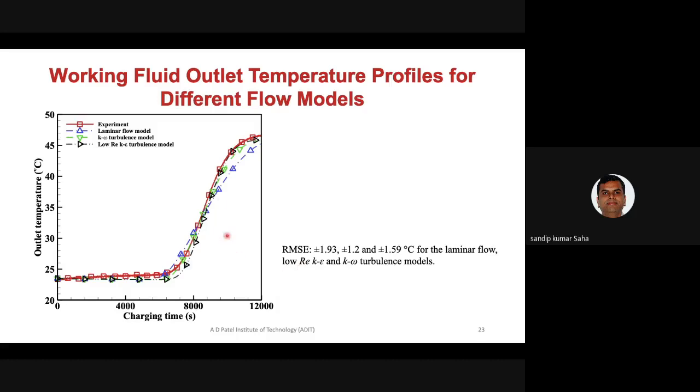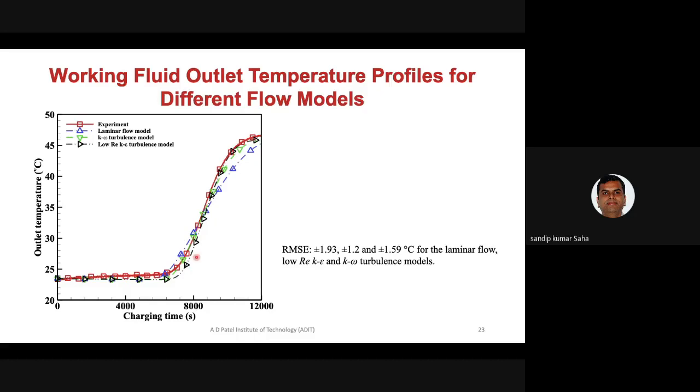So here what we see is that even if we use laminar, although flow is laminar, if I use just the laminar flow model, there is error in this temperature profile, which is basically the outlet temperature of the heat transfer fluid from the storage. Okay, so I am comparing that.